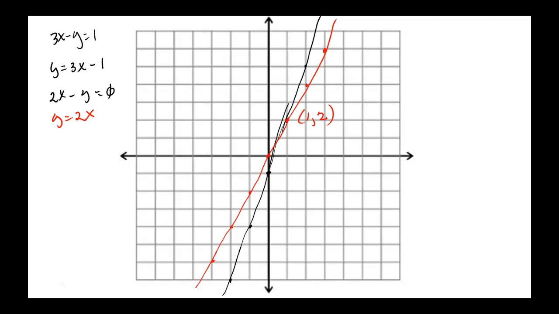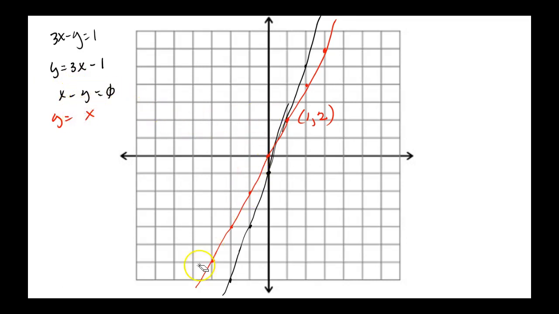That's it. Okay? Now, with the same first equation, we're going to change the second equation. We're going to change this to 3x minus y is equal to 0.